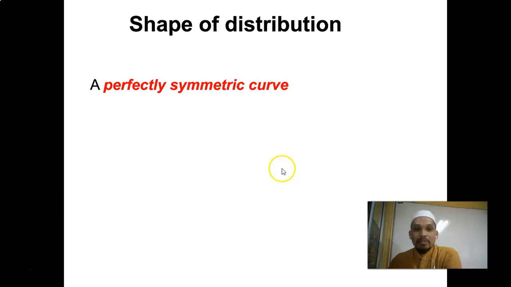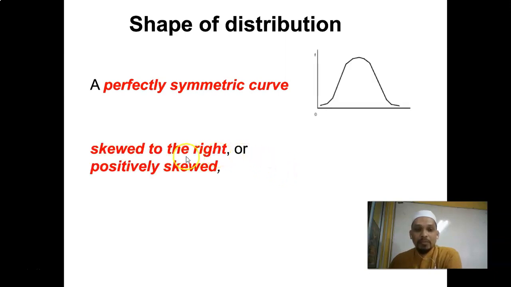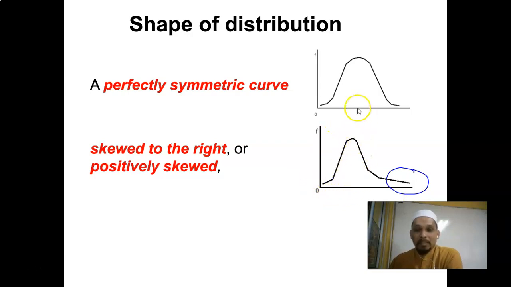So then the shape of the distribution: a perfectly symmetrical curve, skewed to the right or positively skewed. So positively skewed to the right, then this is the tail, according to the picture here, and most of the data are on the left side. For this one here, it is balanced, with the middle of the data here.